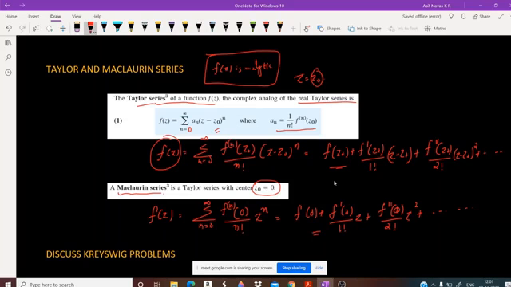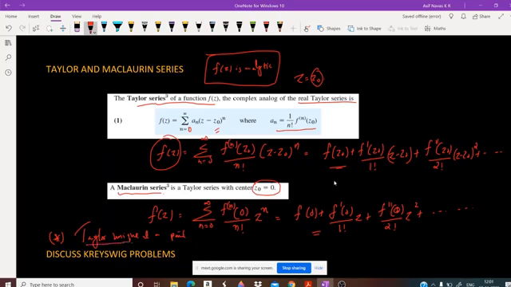There is one more important property: Taylor series is unique at a point in some neighborhood. Okay, so Taylor series is unique.